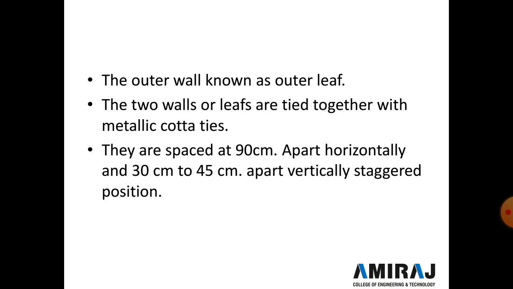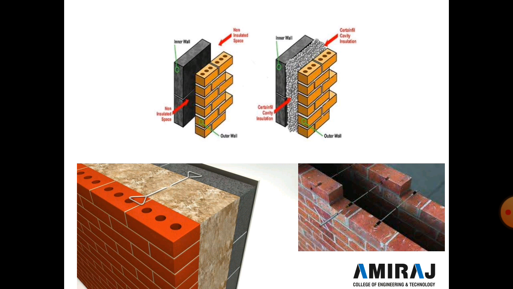In the figure we already saw these ties bind the inner and outer leaf, or inner and outer wall. Why do we bind? We bind for structural stability. They are spaced at 90 centimeter at regular intervals horizontally and 30 to 45 centimeter apart vertically in staggered positions.